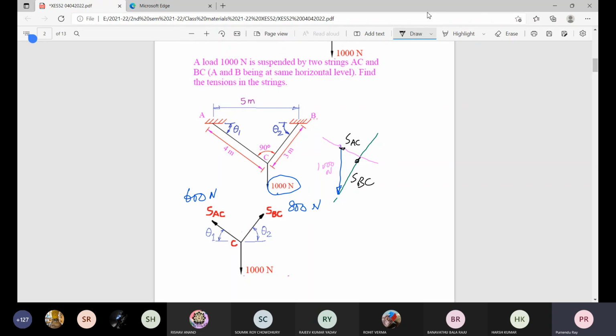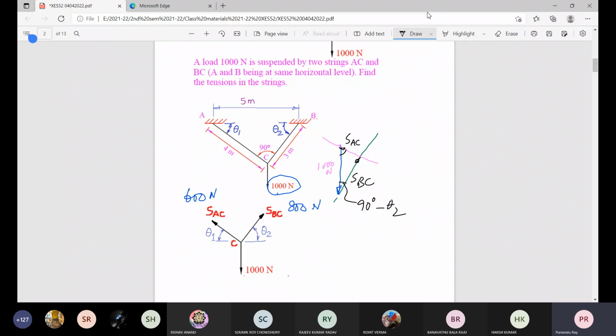Now what about this angle? 37 degrees, sir. 37. 90 minus theta 2, which is 50. Okay. And what about this angle? Fifty-three, sir. 53. Theta 2 is 53.